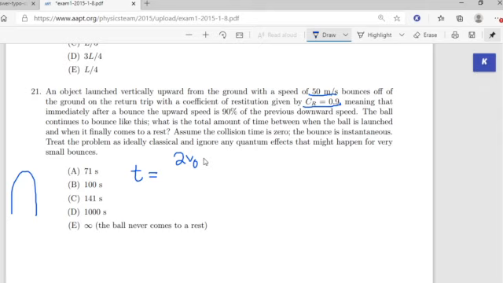And since it's launched straight up, theta is 90, and it's launched at 50 meters per second, g is about 10 meters per second squared, so initially it's 10 seconds. And from this formula, we can also see that time is directly proportional to velocity. So when the coefficient of restitution is 0.9, that means that the time of the next bounce will also be multiplied by 0.9.